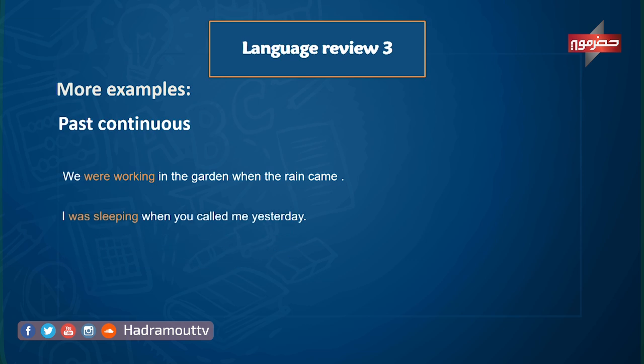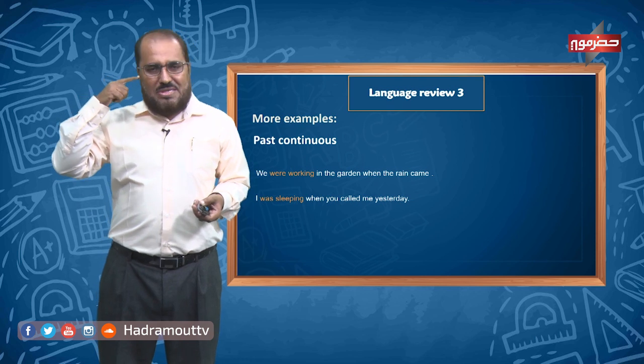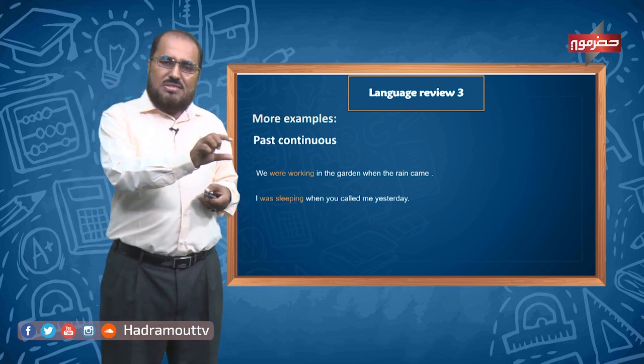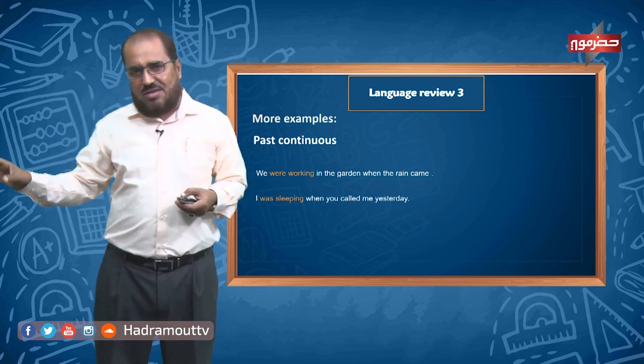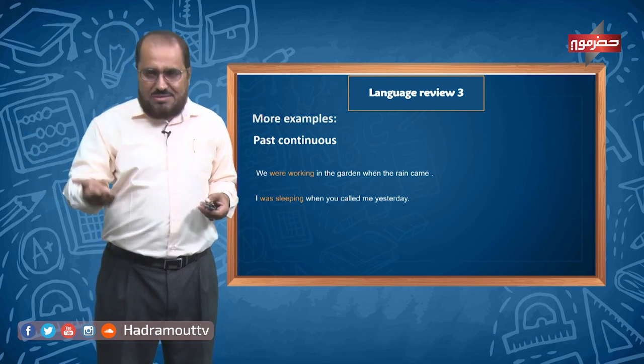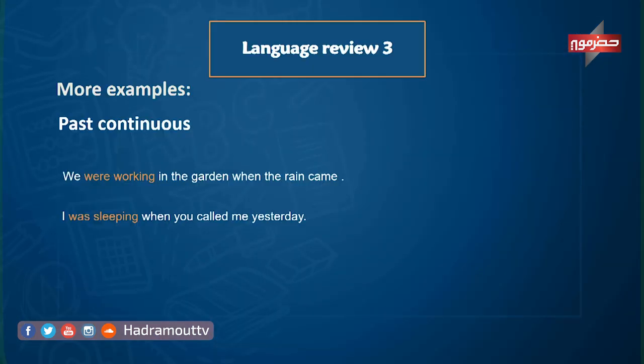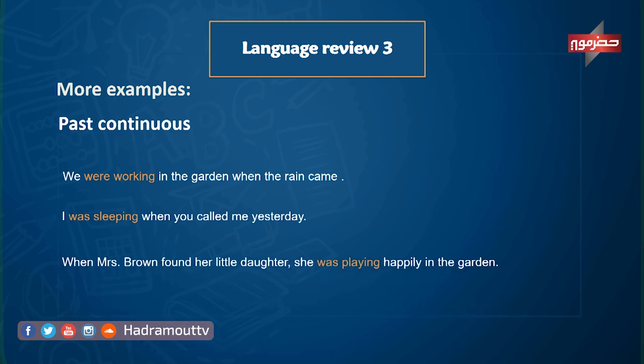I was sleeping when you called me yesterday. That means something was continuing. I was sleeping. Then suddenly you called me yesterday. One event is longer than the other. Sleeping, then a phone call came. When Mrs. Brown found her daughter, she was playing happily in the garden.